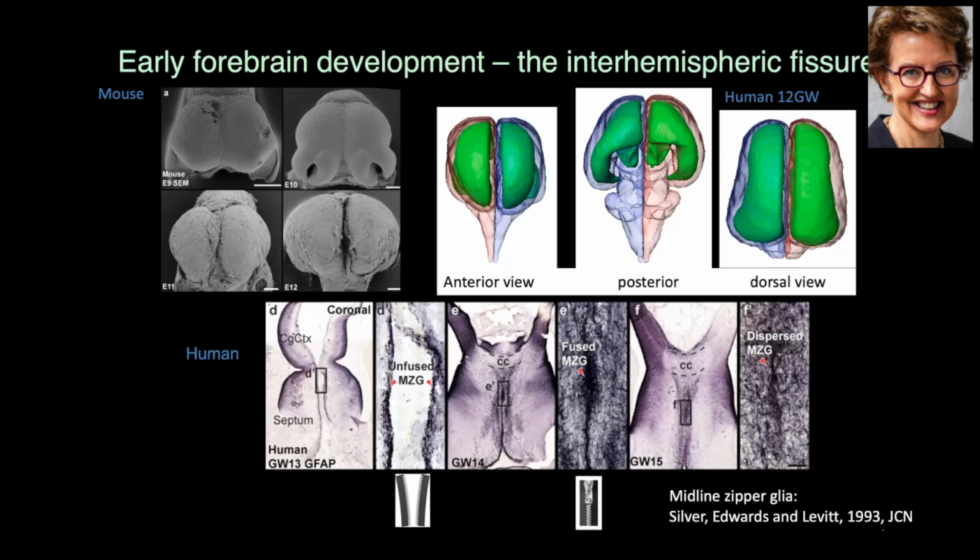Now, in 1993, Jerry Silver's group published some work during this period and also earlier, where he identified a population of cells which he postulated would play a role in knitting together the two hemispheres, and he called them midline zipper glia for this very reason. You can see that midline zipper glia align along the two hemispheres at the midline, and then by gestational week 14, there's a fusion process that fuses the two hemispheres together.